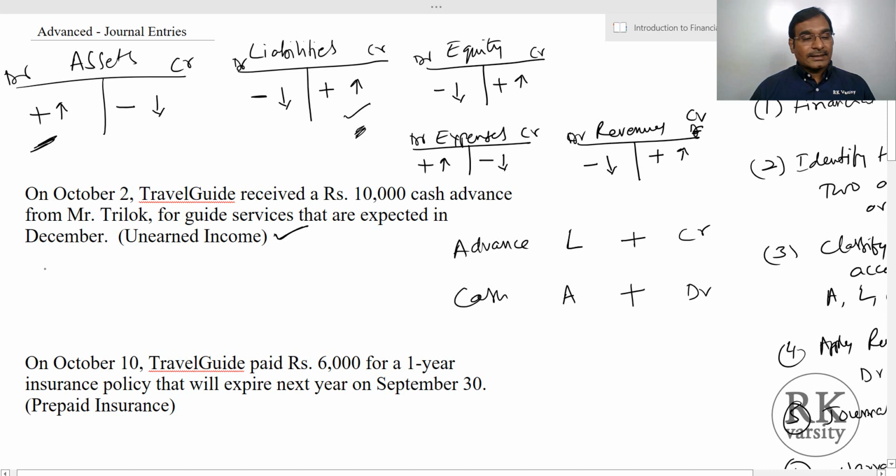So we'll write the transaction like this. On 2nd October, our transaction will be: we are receiving the cash, so there is an increase in an asset, so we debit. Cash account debit to unearned income account, let us say.